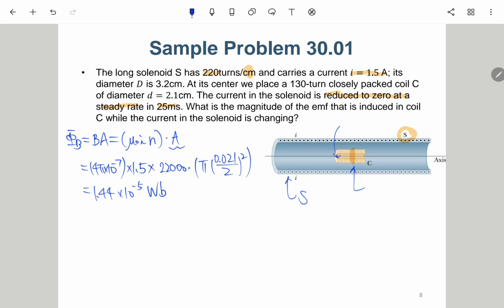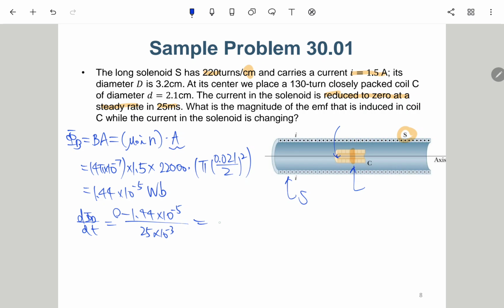And then the current will gradually decrease. In such a way, d phi B over dt will be negative 1.44 times 10 to negative 5 over 25 milliseconds. The final phi B will be 0, and at the very beginning it is 1.44, so maybe I can write it as 0 minus 1.44 times 10 to negative 5 over 25 milliseconds, or 10 to negative third power.